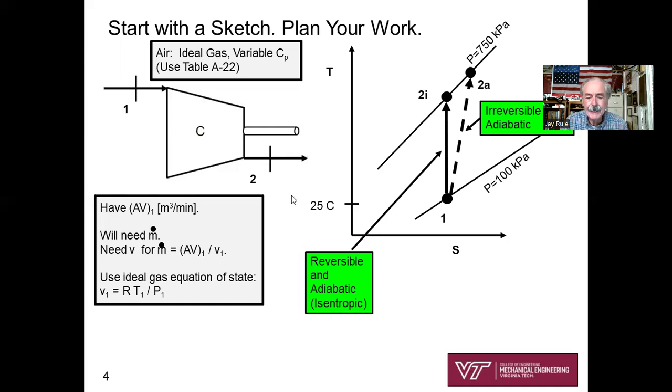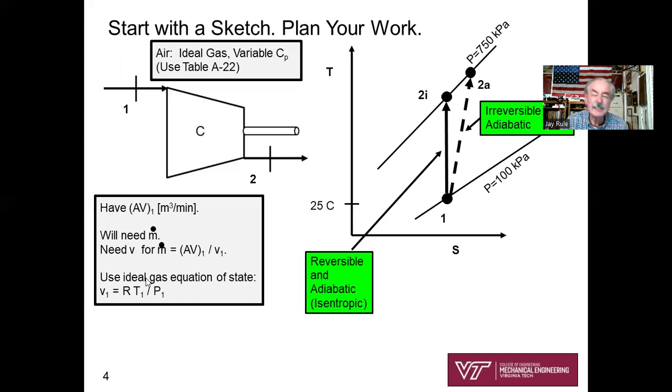Another thing, looking ahead, we're going to need to calculate the power, but we're only given the volumetric flow rate at the inlet, meters cubed per minute, that's AV1. So we're going to need m dot, the mass flow rate. How will we get mass flow rate? That's right. Mass flow rate is the volumetric flow rate divided by the specific volume.